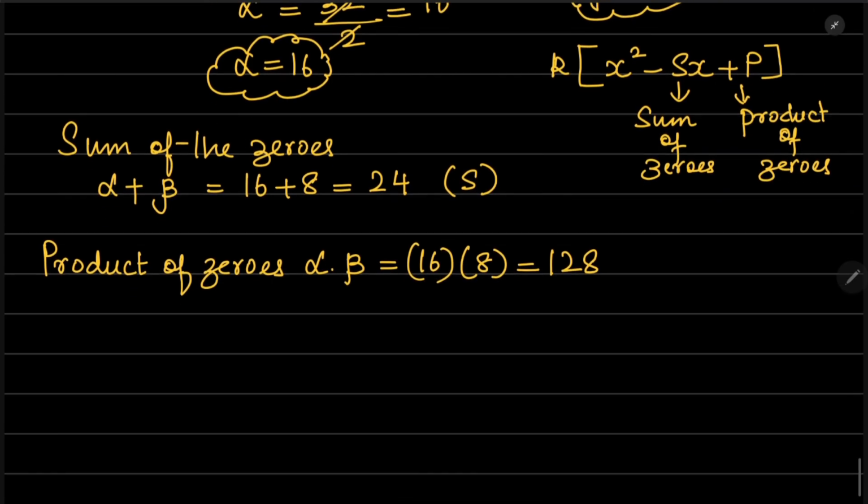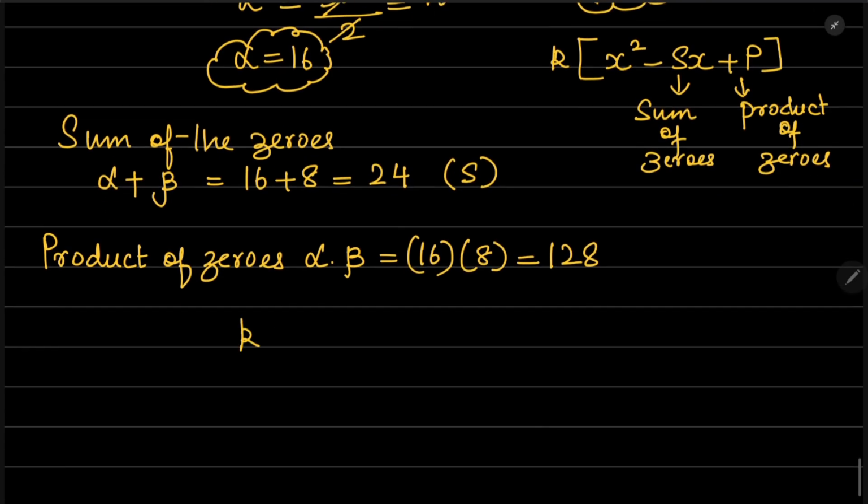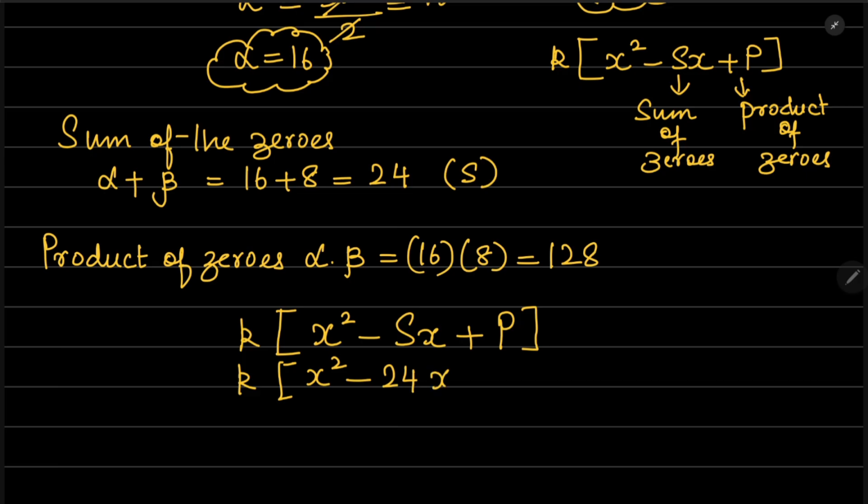Now how will you write the quadratic polynomial? K multiplied by x square minus the sum of the zeros into x plus the product of the zeros, right? So k multiplied by x square minus the sum, which is 24, 24x plus 128.